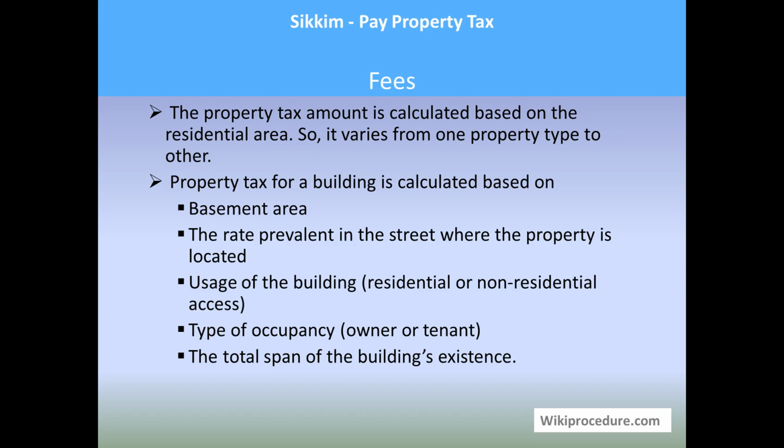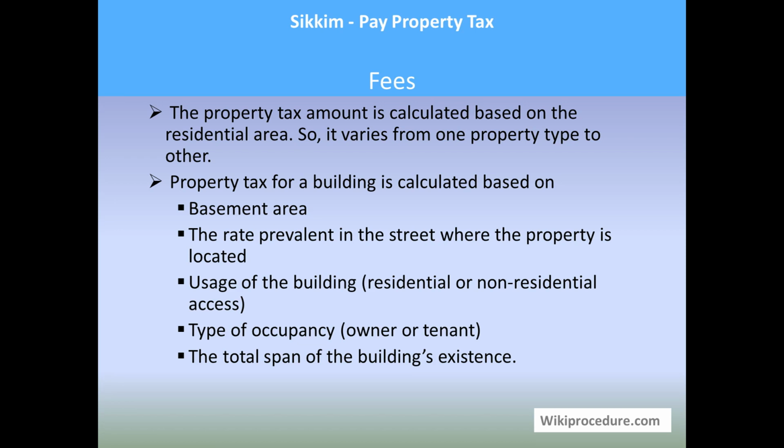Fees: the property tax amount is calculated based on the residential area, so it varies from one property to another and one place to another. Property tax for a building is usually calculated based on the basement area, the rate prevalent in the street where the property is located, meaning the benchmarked amount.